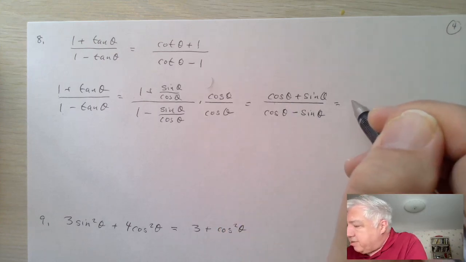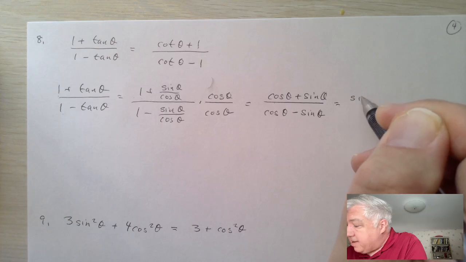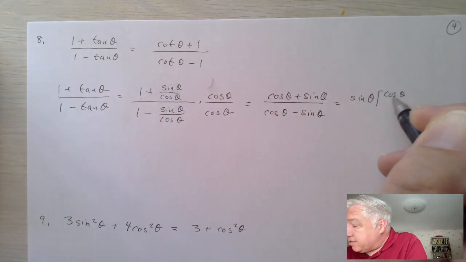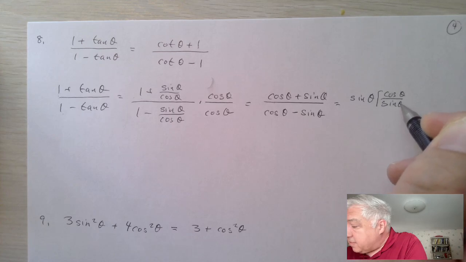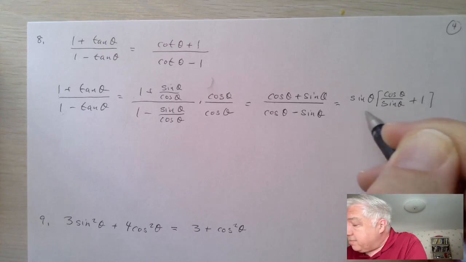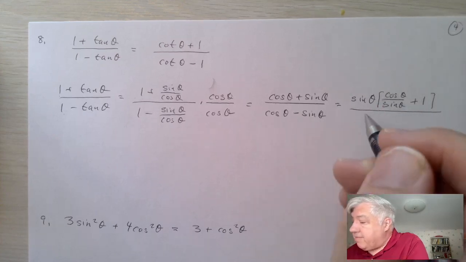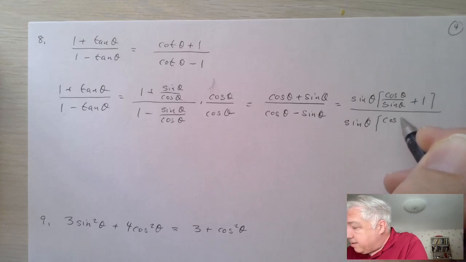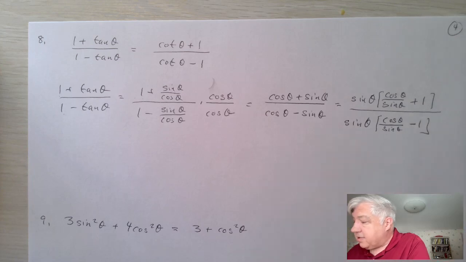So what we can do is write this as sine theta times cosine theta over sine theta plus 1. And do the same thing down here, sine theta times cosine theta over sine theta minus 1.